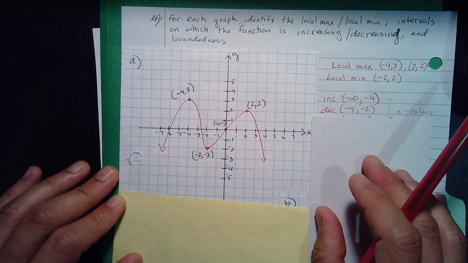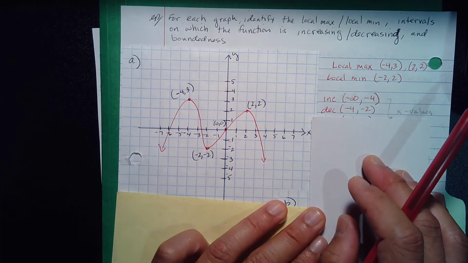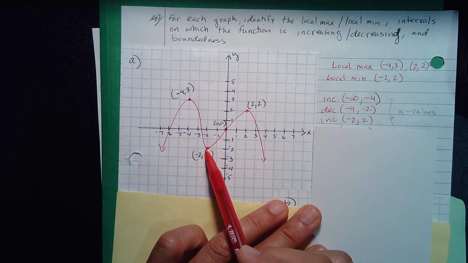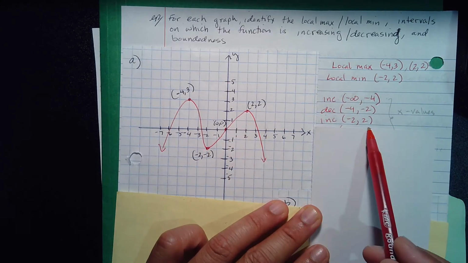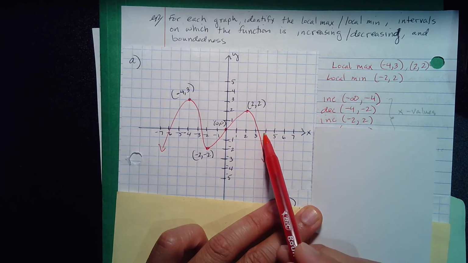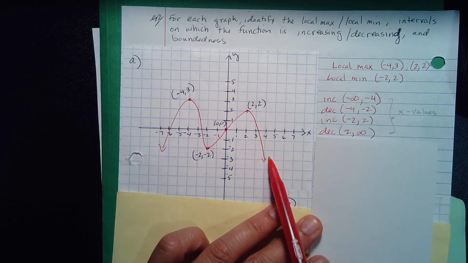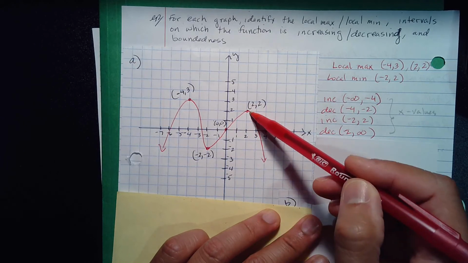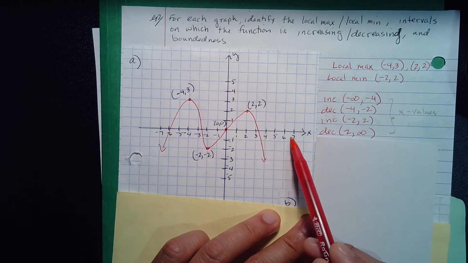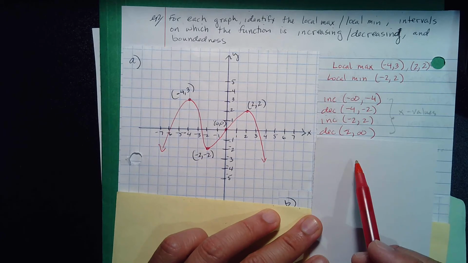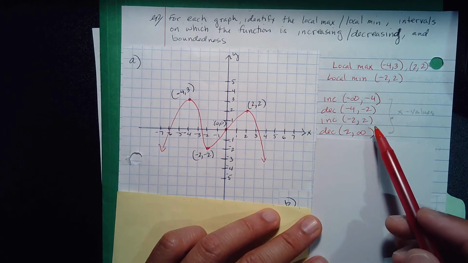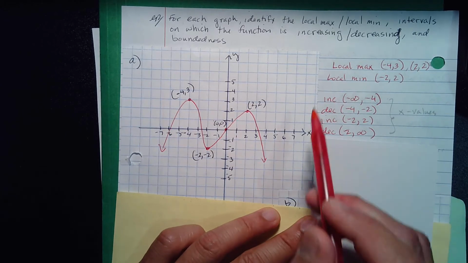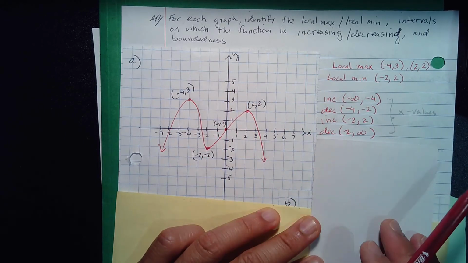When we look at increasing and decreasing of a function, think x values. From negative 2 to positive 2, it's increasing, and from 2 to positive infinity, not negative infinity, because as we continue this way, the x values are increasing. So these are the intervals of increase and decrease.